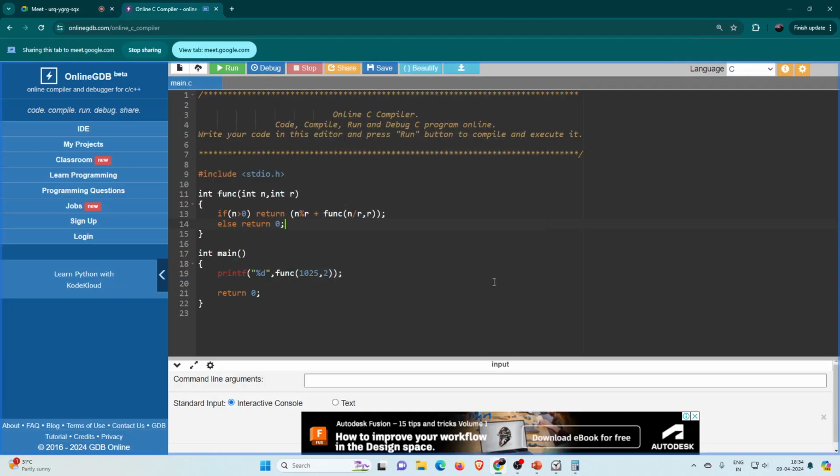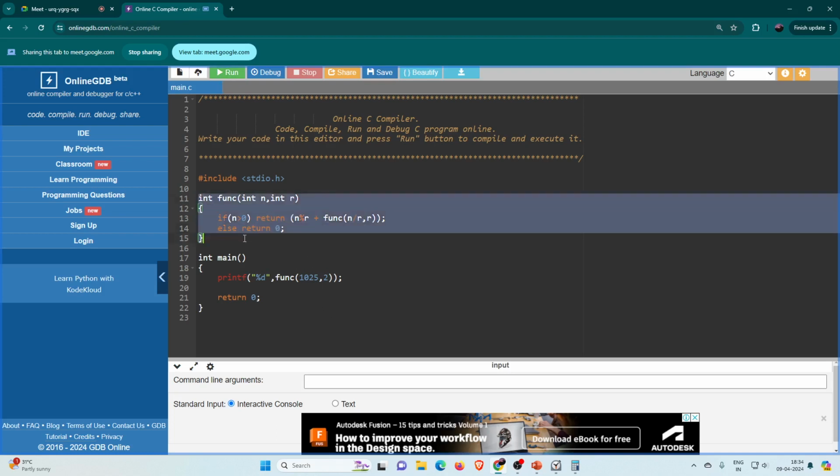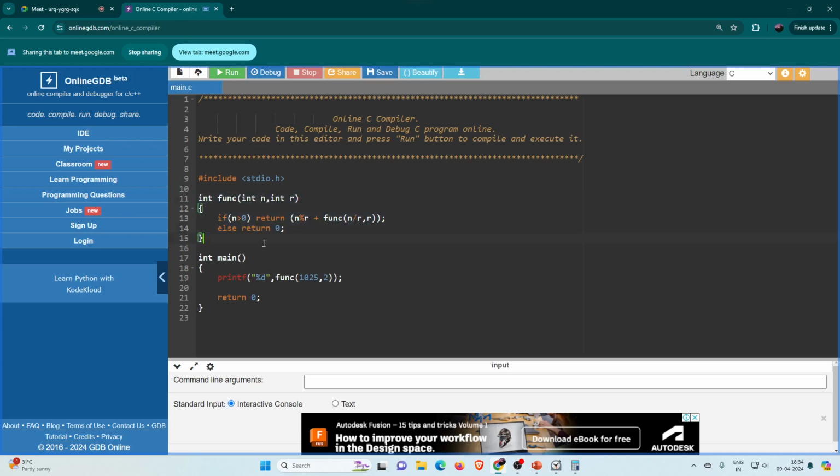I hope the screen is visible. Okay, so I have just written this code, right? The function is this, and instead of writing unsigned, I just gave normal integers.